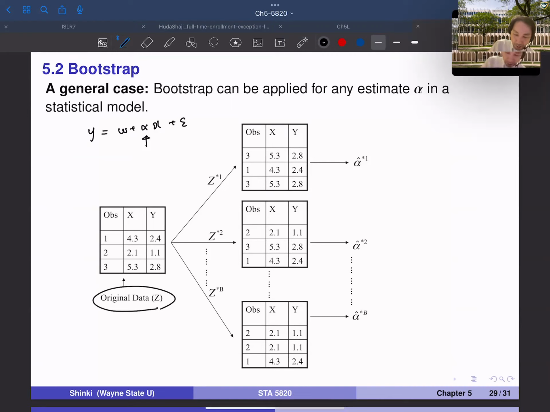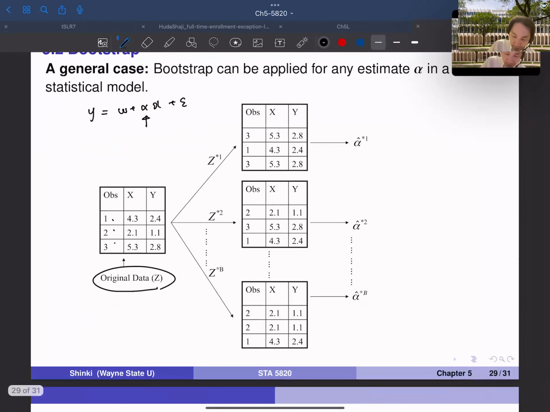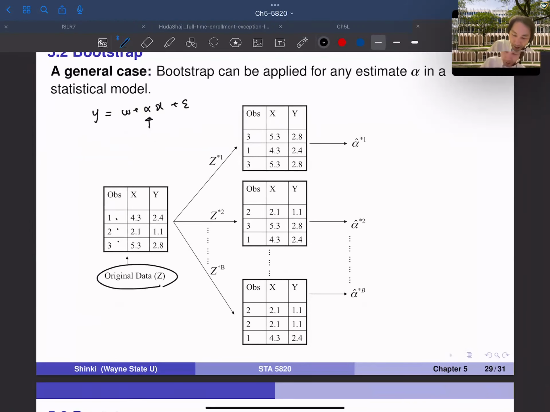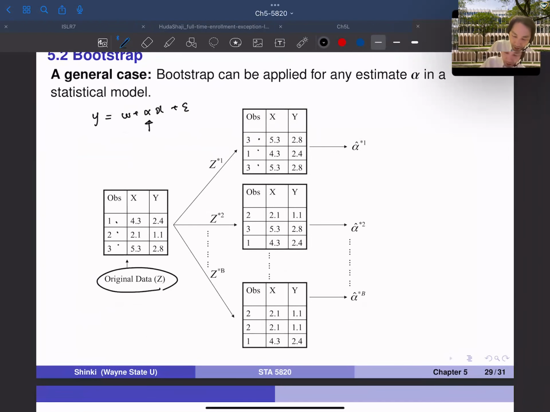Then we bootstrap. So with 3 observations, one randomly sampled set is maybe 3, 1, 3. Maybe another one is 2, 3, 1. Another one is 2, 2, 1. Then we have different data sets, and we can get different omega hat and different alpha hat.